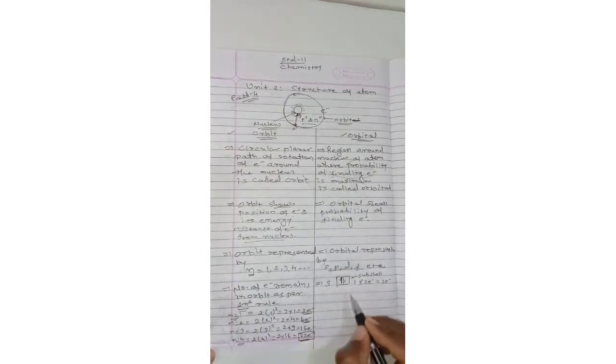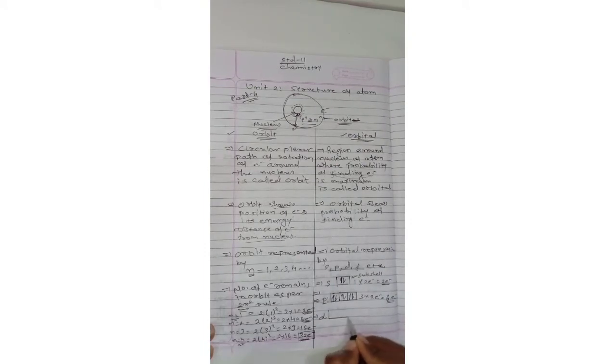That means in the s orbital a maximum of 2 electrons remain. Now the p orbital has 3 subcells, and each subcell accommodates 2 electrons. So for the p orbital a maximum of 6 electrons.